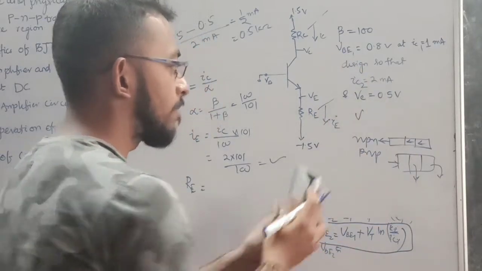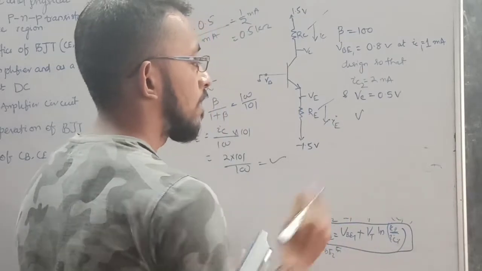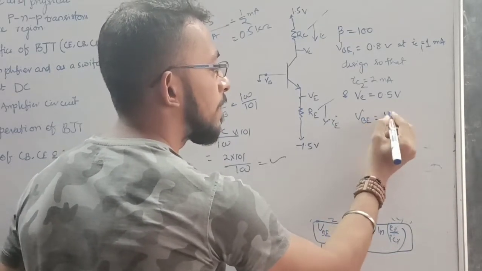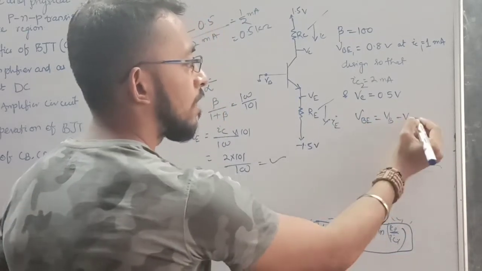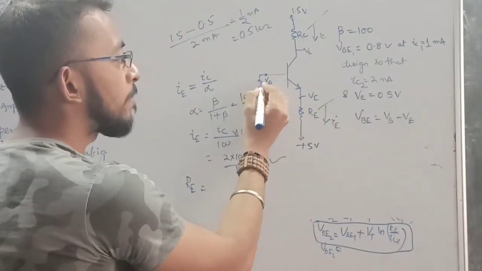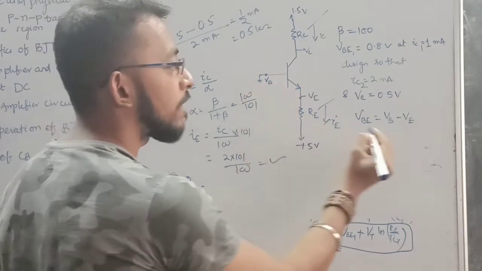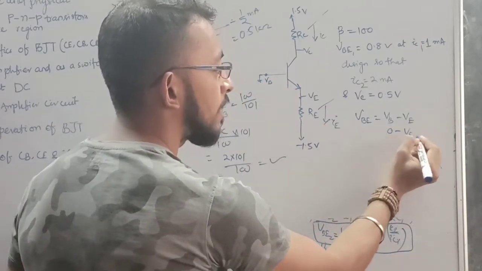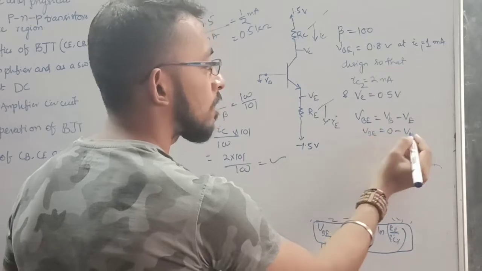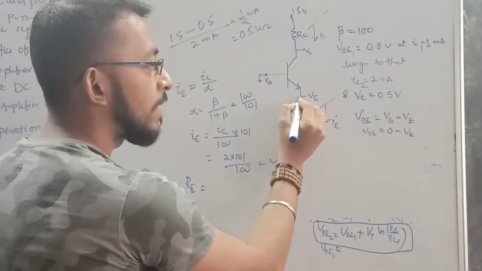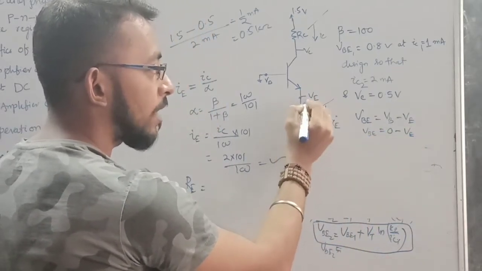VBE means VB minus VE. You can see from here my base is grounded, sorry, not short circuit, it is grounded. Means this is zero voltage minus VE. So my VBE is nothing but minus VE. So this is my VE, the voltage at the emitter.